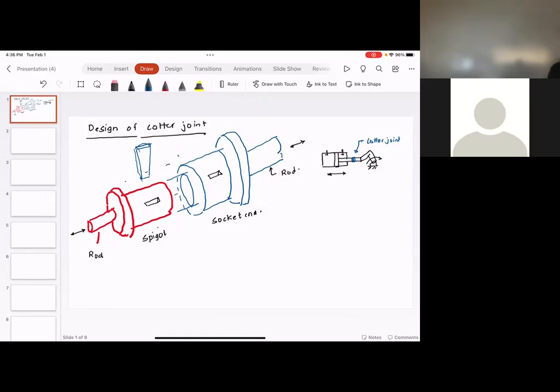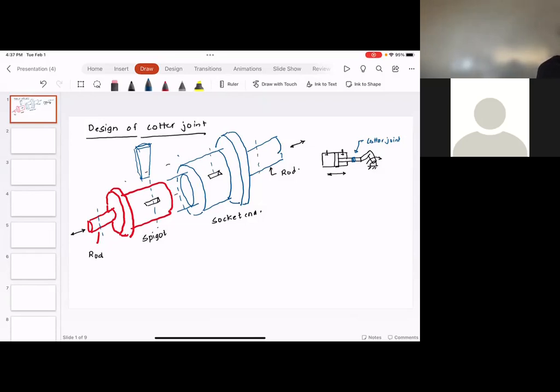Just like what we did in the case of simple stresses, we are going to look at each and every cross section of this joint and see the potential ways that particular cross section could fail. For example, I'm going to take a cross section over here and see how would this fail. Then I'm going to take a look at cross section here. Then I would see how would this fail. Then I would take a cross section here, and then find out the most important dimensions of this quarter joint.